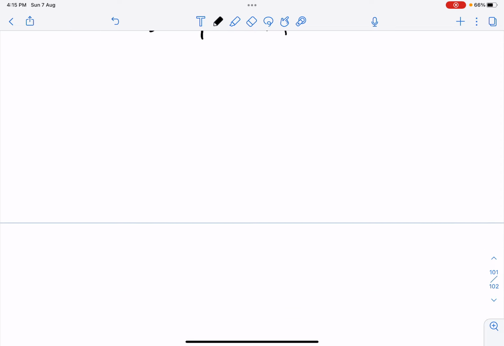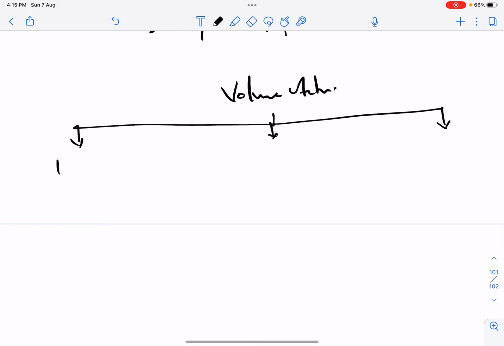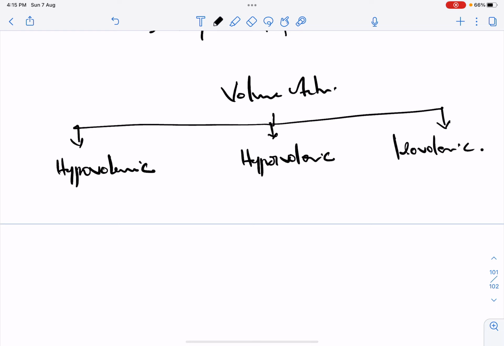Now moving on to the classification of hypernatremia. Hypernatremia is divided into three categories based on fluid volume status. We have hypovolemic hypernatremia, hypervolemic hypernatremia, and isovolemic hypernatremia.